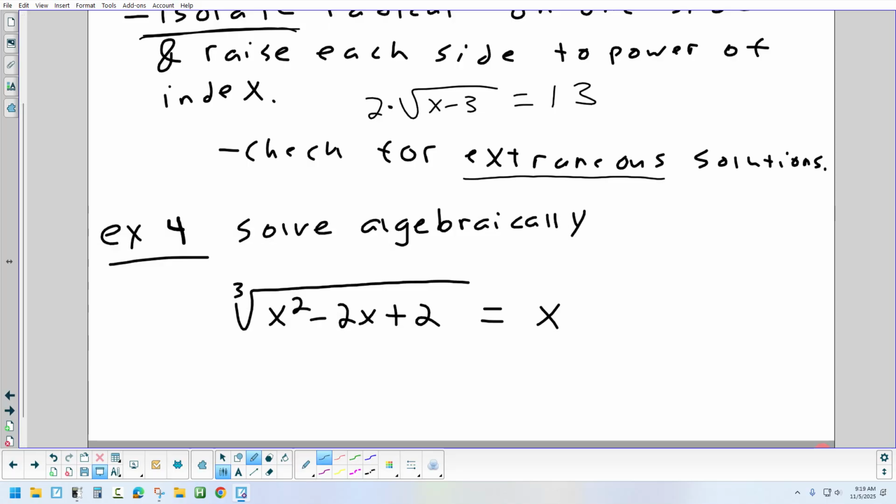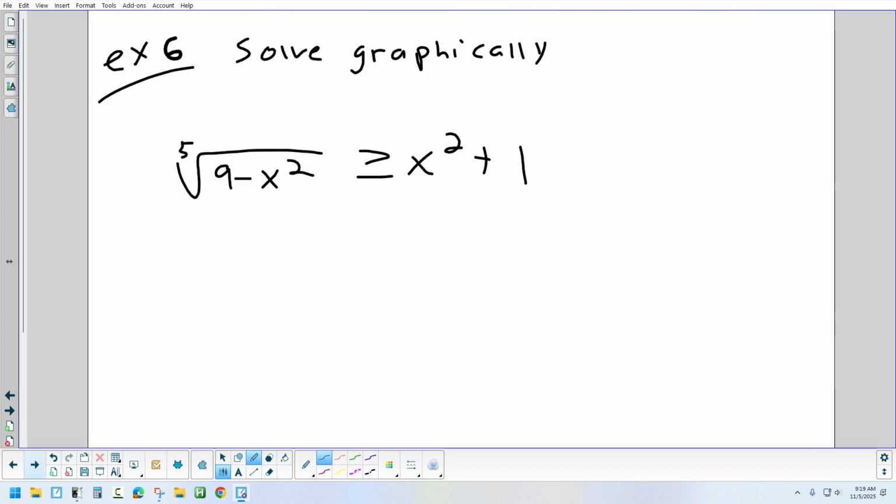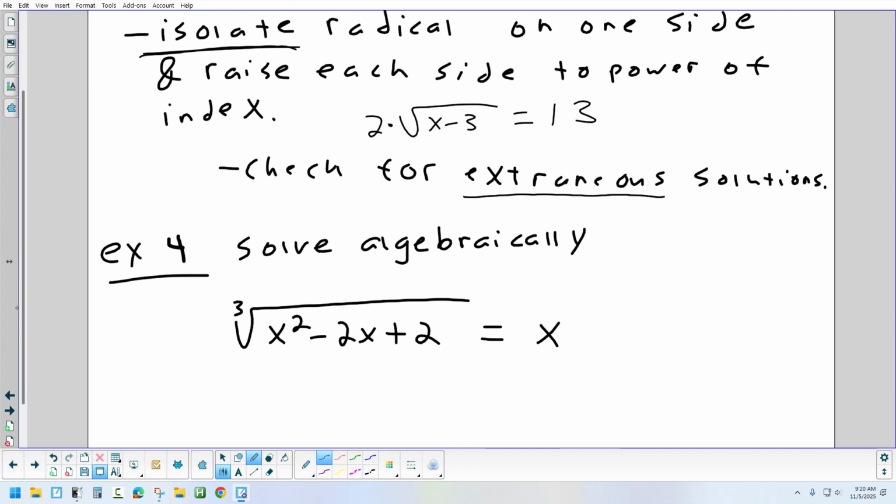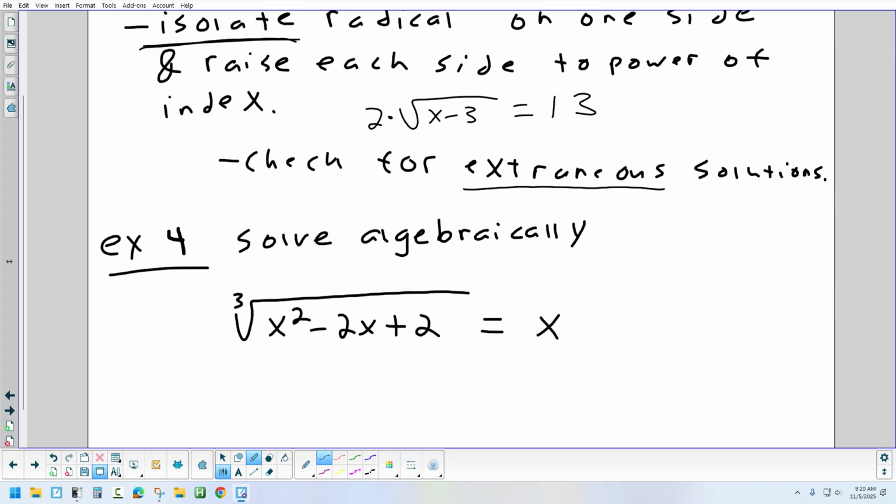All right, so let's try this one. It says solve algebraically. So it's the cube root of x squared minus 2x plus 2 equals x. What power are we going to raise each side to cancel out that root? 3.